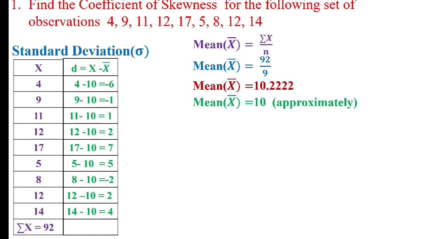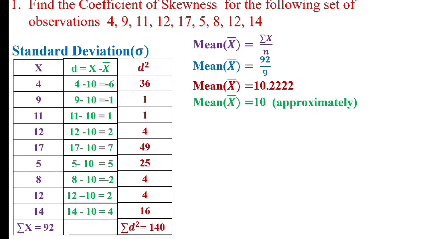Then we find the squares of these values: 6 square 36, 1 square 1, 1 square 1, 2 square 4, 7 square 49, 5 square 25, minus 2 square 4, 2 square 4, 4 square 16. Here there are negative values also; when you square, you get a positive value.